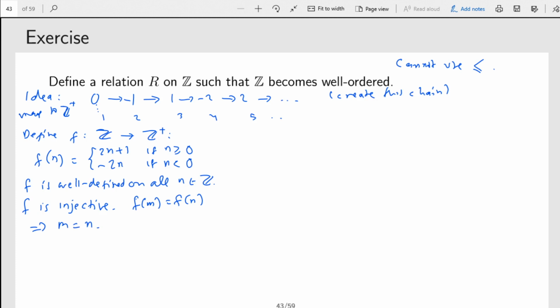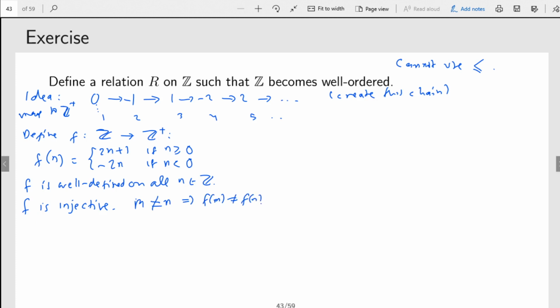Or in other words, if m is not equal to n, then f(m) is not equal to f(n). This could be easily seen, right?